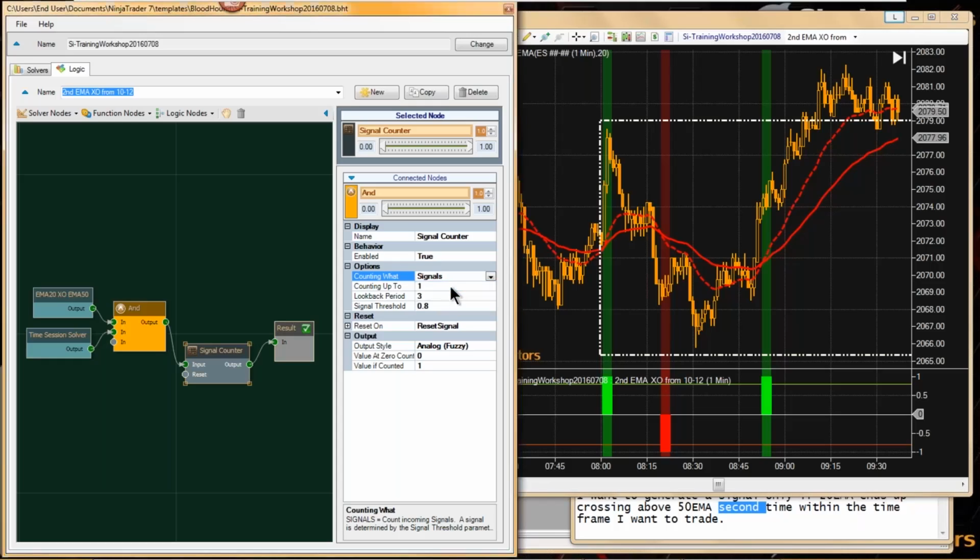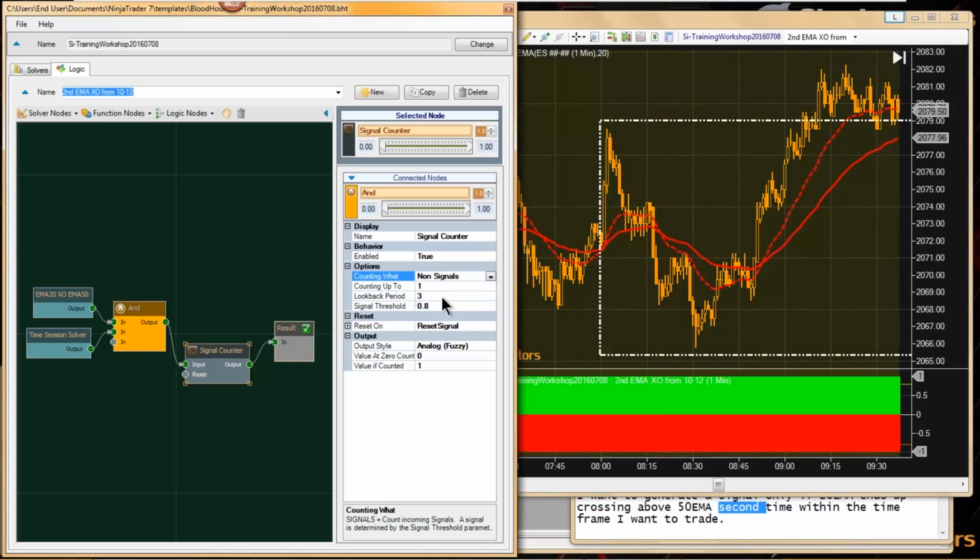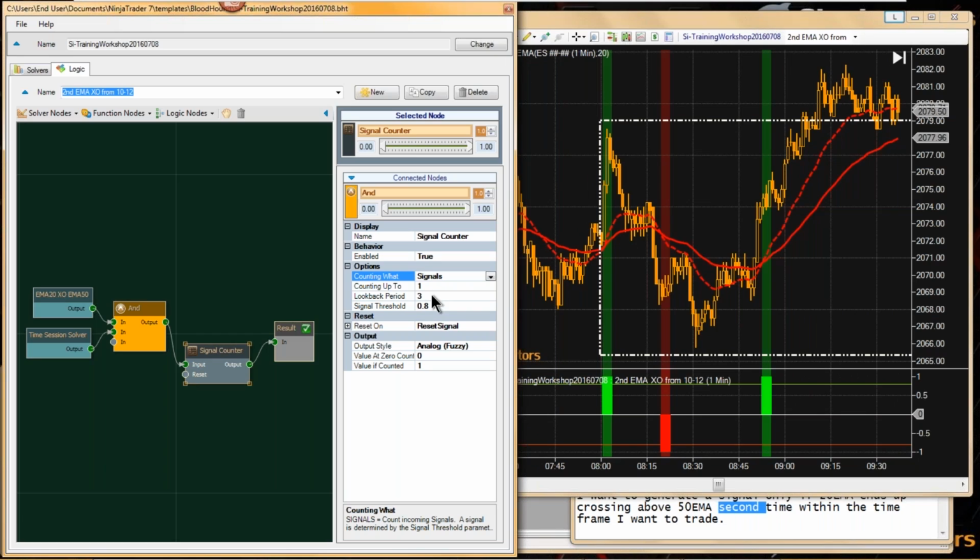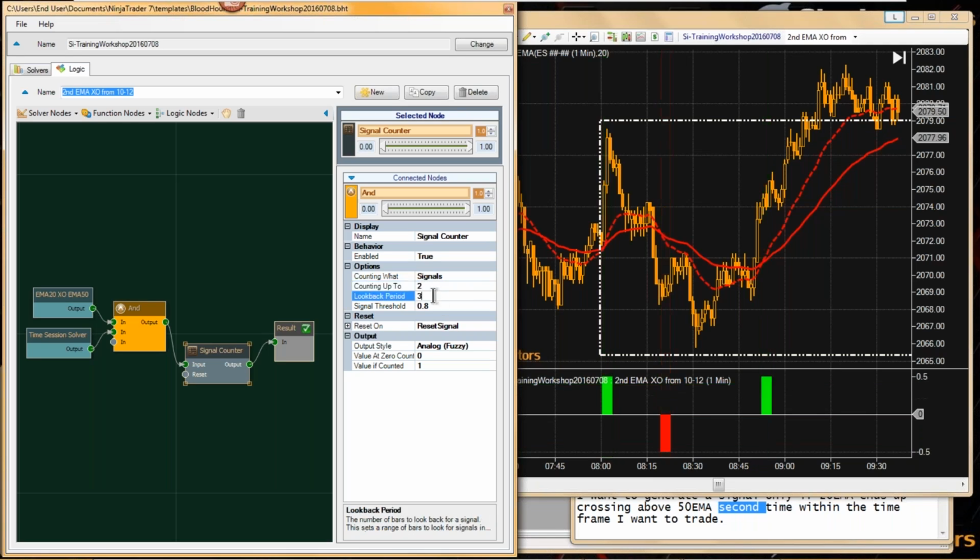Basically, you would be counting the blank spaces in between signals. If you want to use non-signals, you would count the signals in between. Let's just leave it on signals. Okay, so next, what are we counting up to? Well, we're counting up to 2 because we're interested in the second signal.